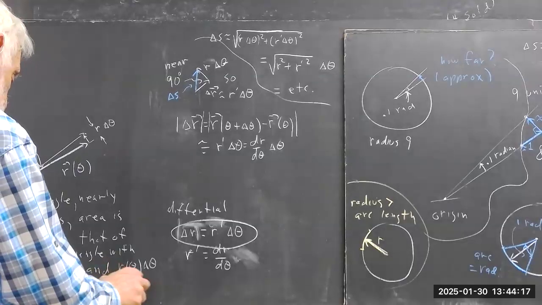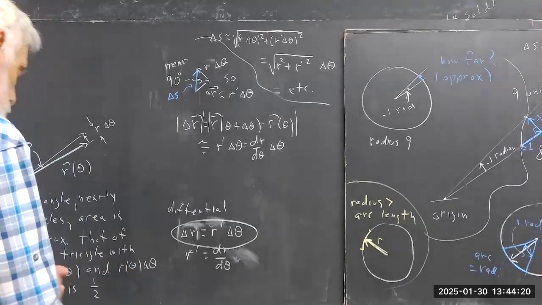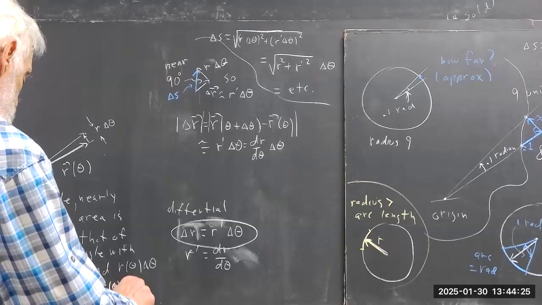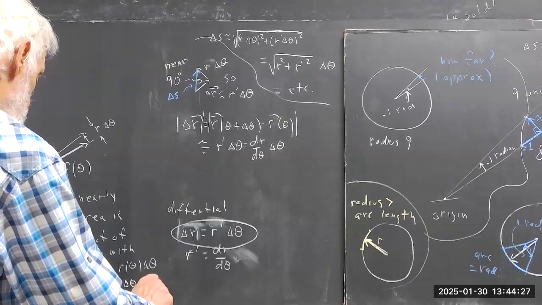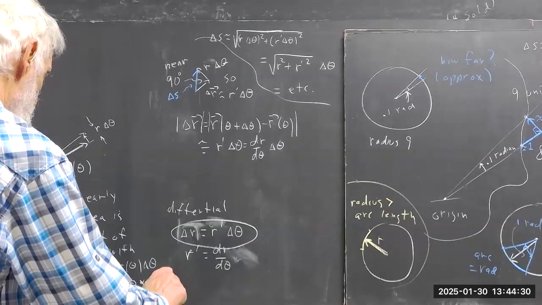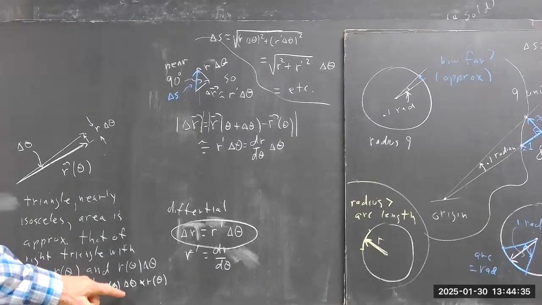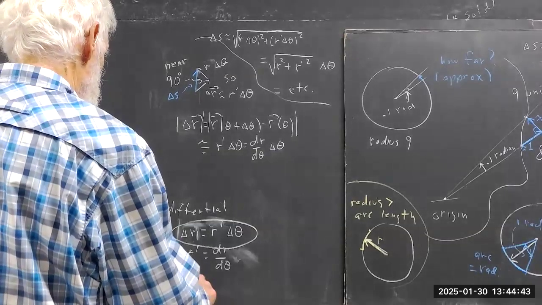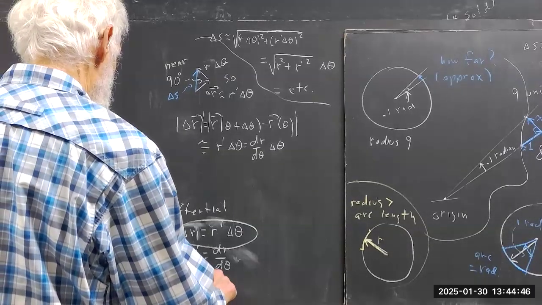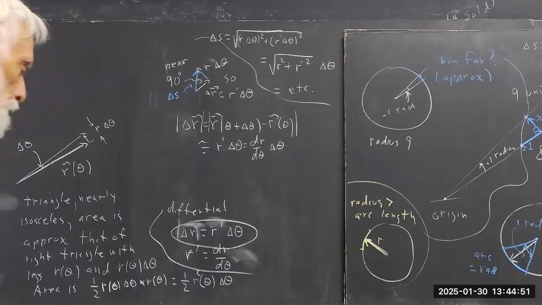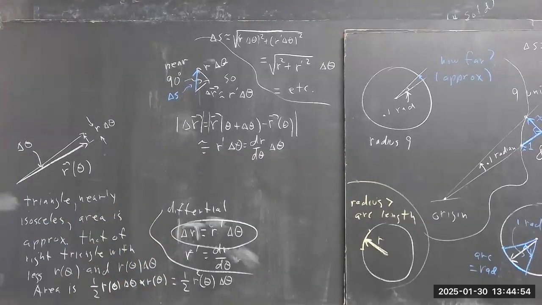Its area is approximately 1/2 r theta delta theta times r theta, which is 1/2 r squared of theta delta theta.